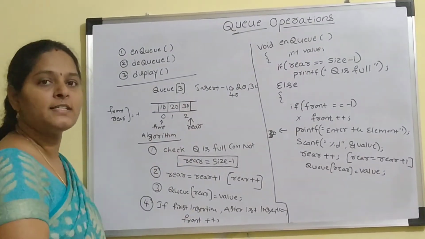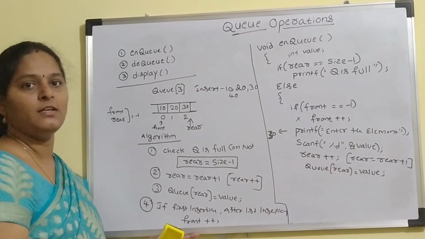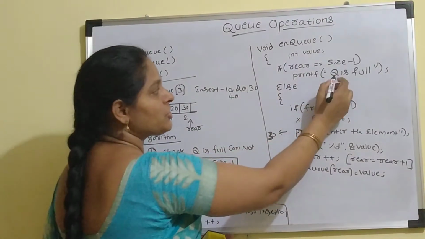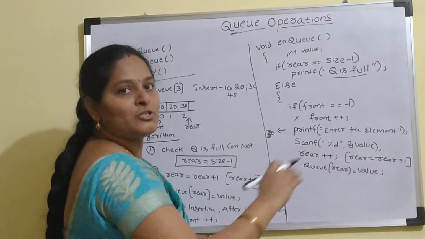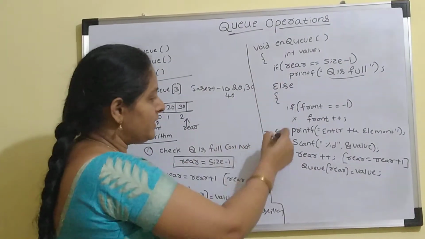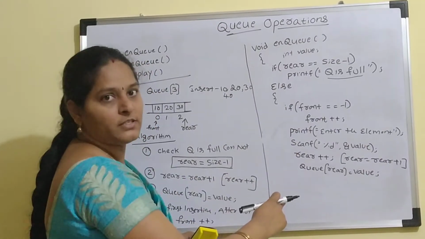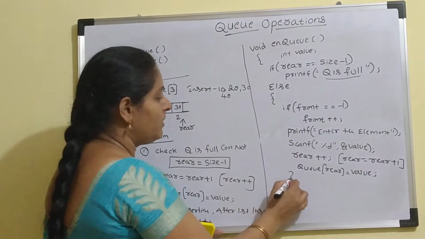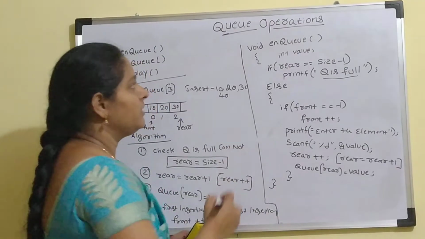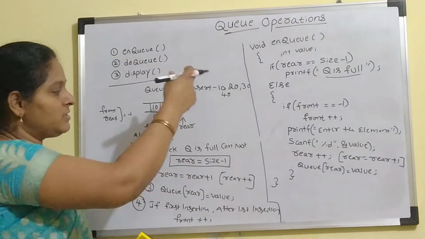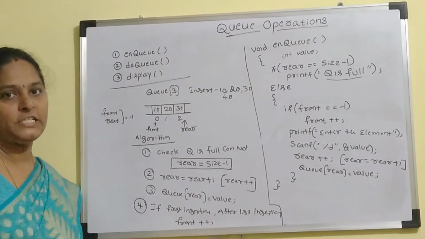If rear is pointing to the second index, there are no empty locations in the queue. If there are no empty locations, insertion is not possible. So, this entire else block will be skipped. Okay, it will not be executed. So, close the else block, close the queue function. So, this is all about the enqueue operation.